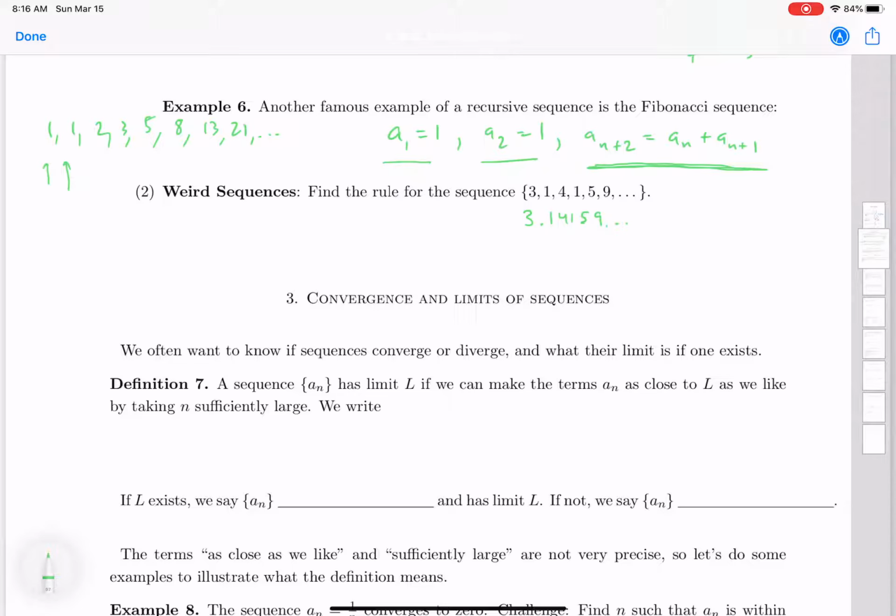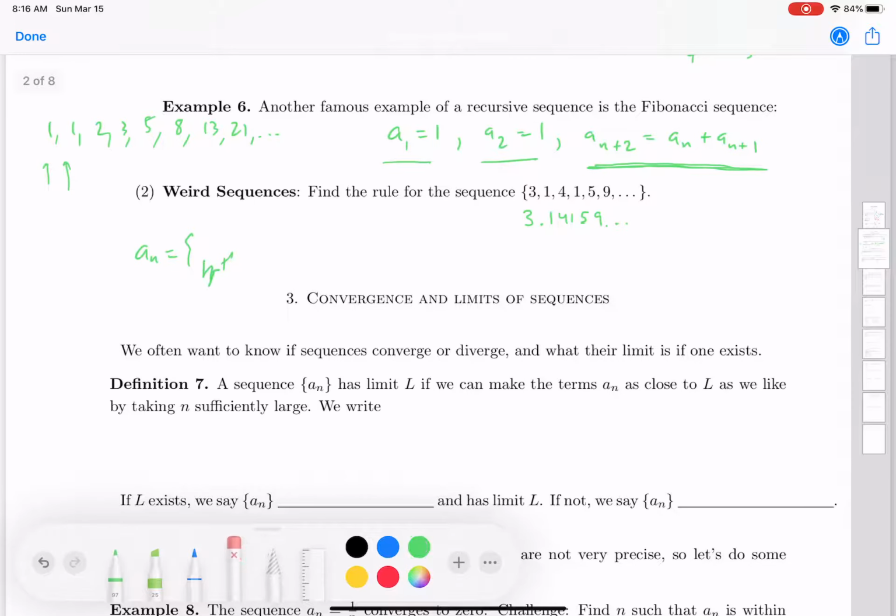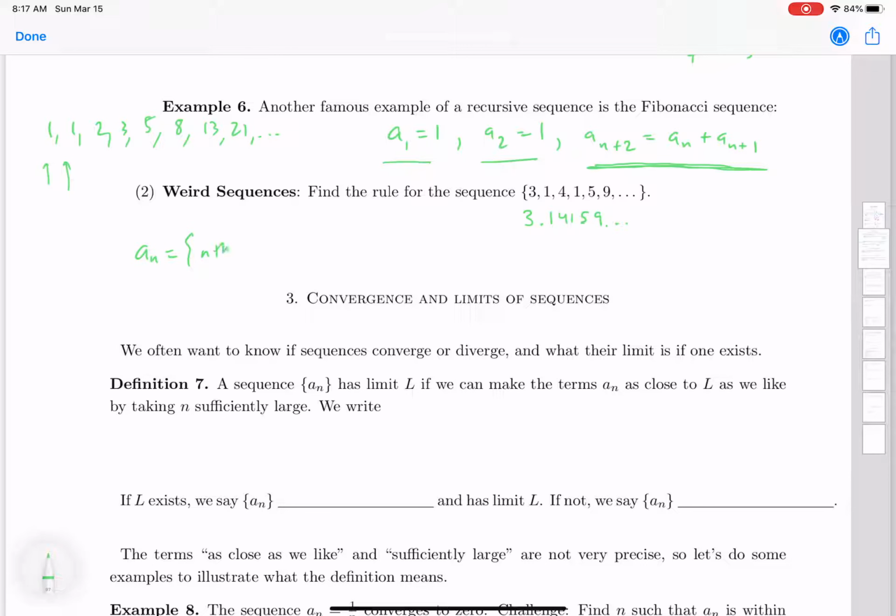So the rule here is a sub n is equal to the nth decimal number in pi. And that might not actually be true because n equals 1 is going to be my whole number.